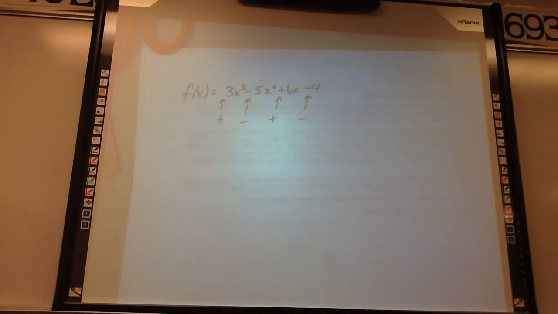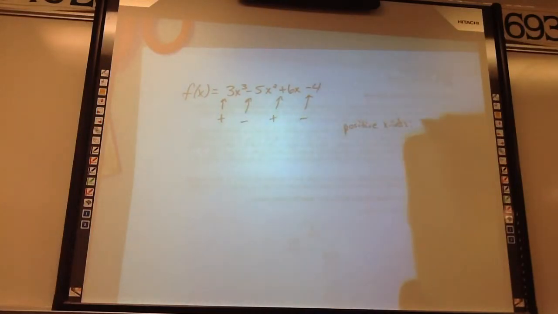The number of positive real zeros is equal to the number of variations in sign of f of x, or less than that number by an even integer. So if we're talking about positive zeros or x-intercepts, there will be either 3 or 1. That's what that says.